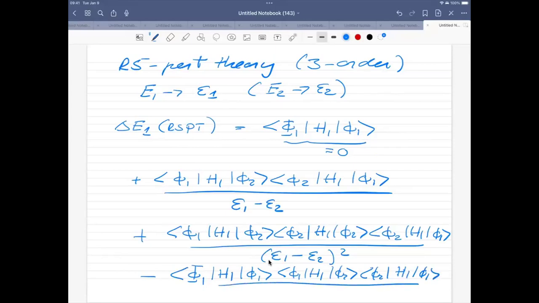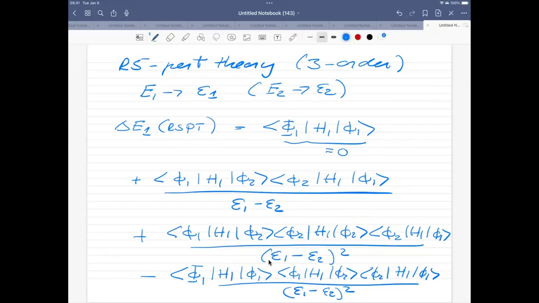And this is then divided by epsilon 1 minus epsilon 2 squared. Now, in both of these terms, the interaction piece, which connects the same states, is equal to 0. So that means that this one is equal to 0. And then this one is also equal to 0. So that means that we end up with a contribution to third order, which is exactly equal to 0.